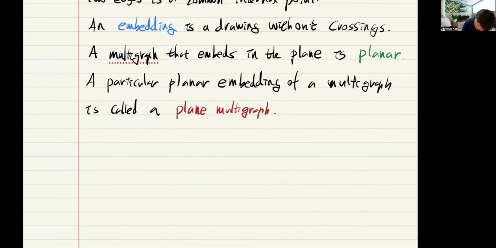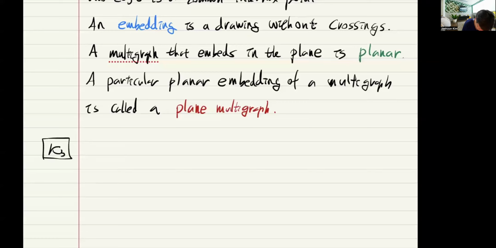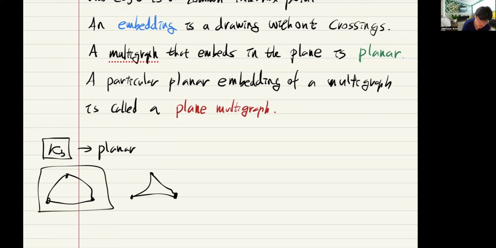For example, if you consider K3, you can draw K3 on a plane without any crossing. So this is planar. And there are many ways to draw it. So this is a plane graph.